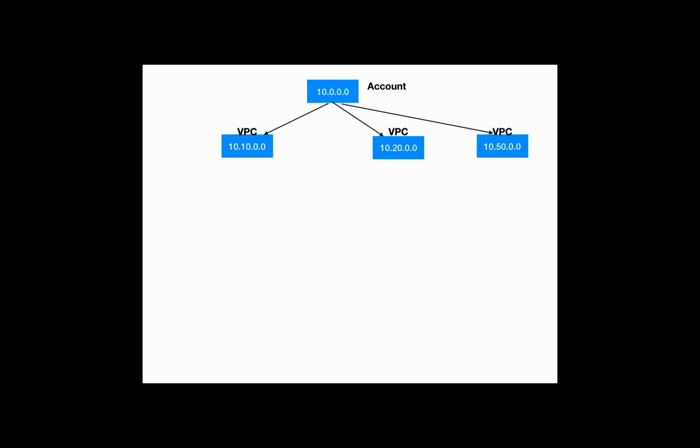So similarly, on the VPCs, the top account level, the code is 10. The next level of VPCs, the code is 10, 20, and 50. Then I'm going to show some subnets.